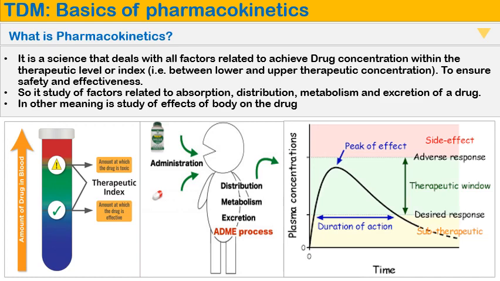For the drug to act, we should administer the drug at the first stage. The drug inside the body will start to be absorbed, then distributed and metabolized, which is called the ADME process: absorption, distribution, metabolism, and then excretion.